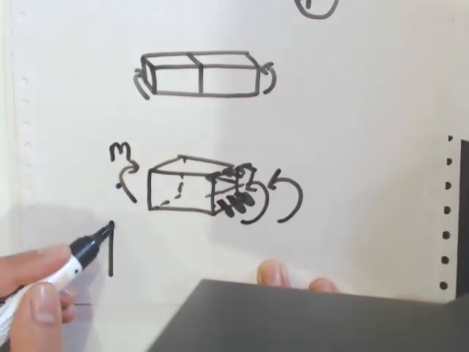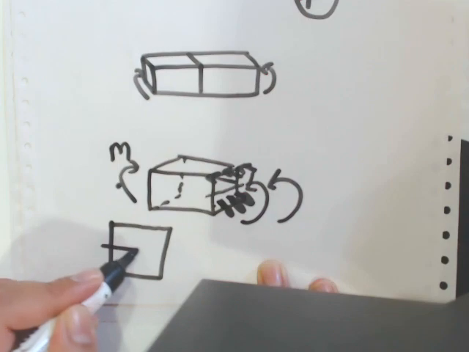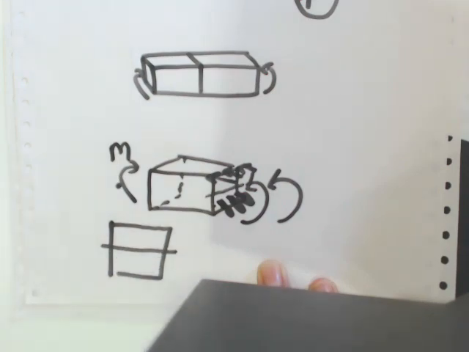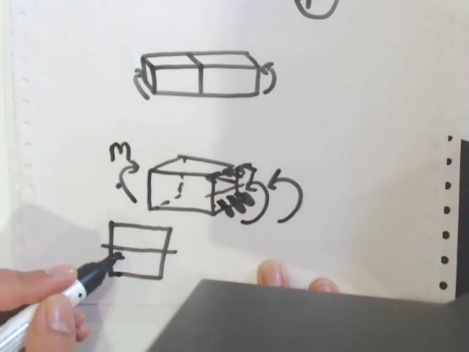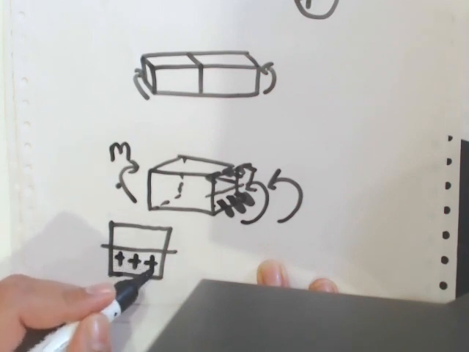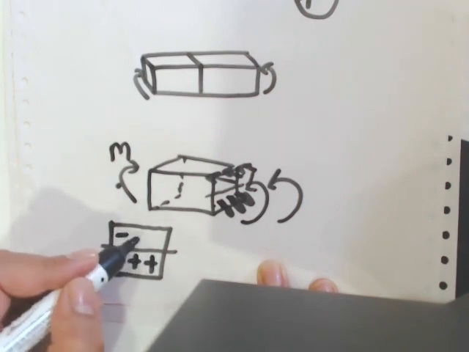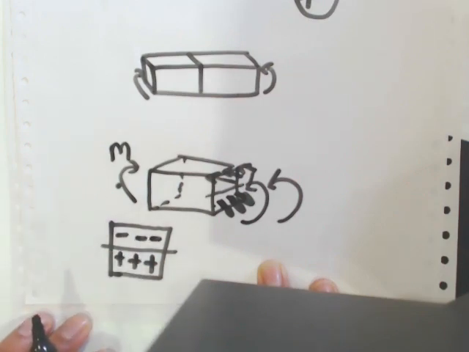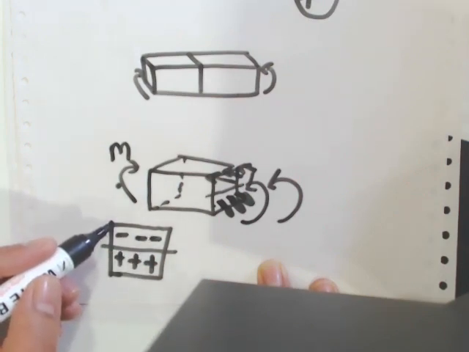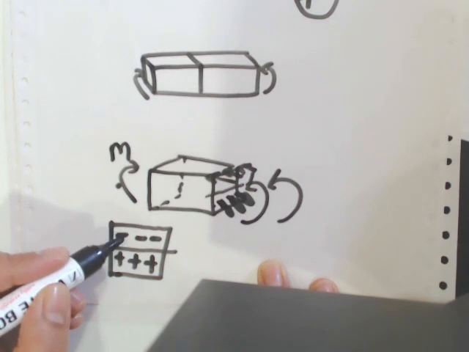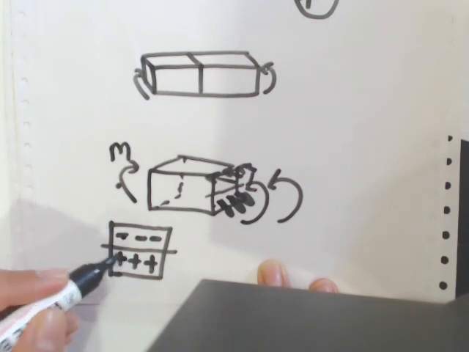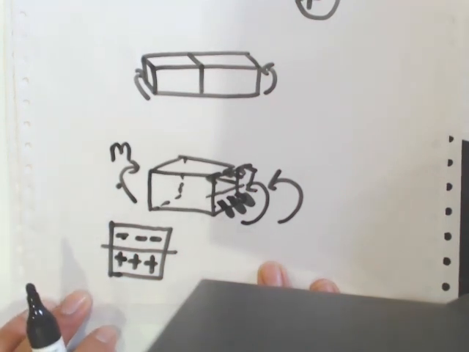Hence, the cross section of a beam has not only tensile but also compressive stresses. I will represent that with the help of plus sign as well as minus sign. So there is a distribution of the stresses from compressive to tensile within the cross section of the beam.